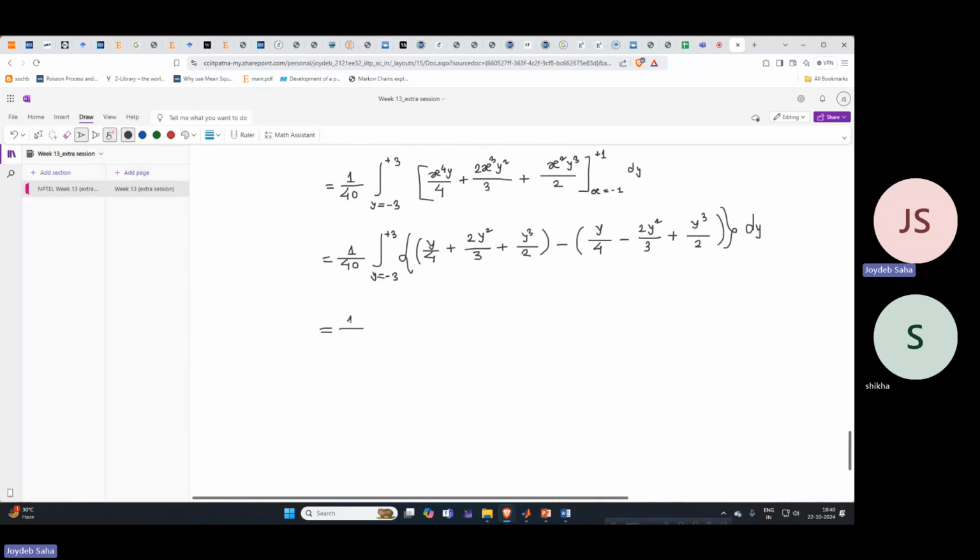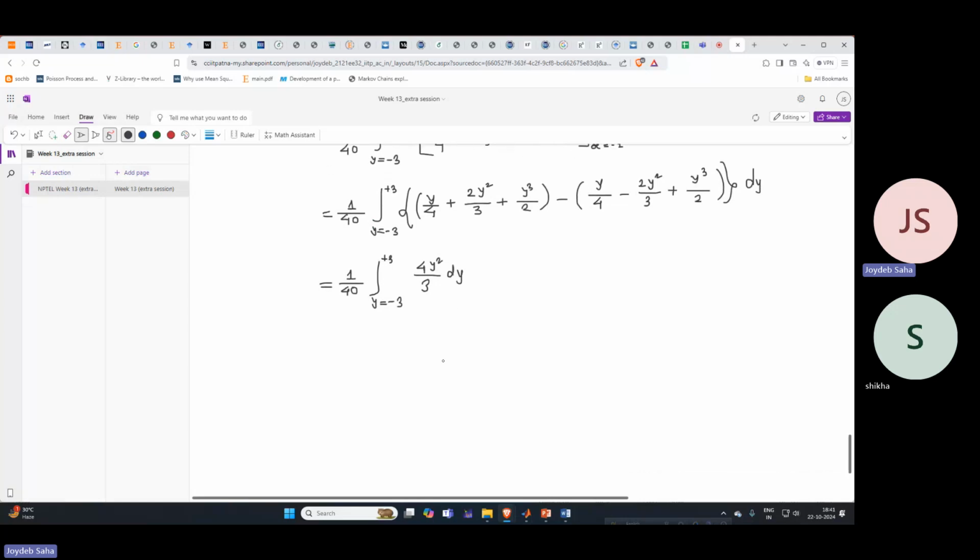So it will be 1 upon 40, y is equal to minus 3 to plus 3. This will be cancelled out. This will be 4 y square upon 3, and this will be cancelled out, right?